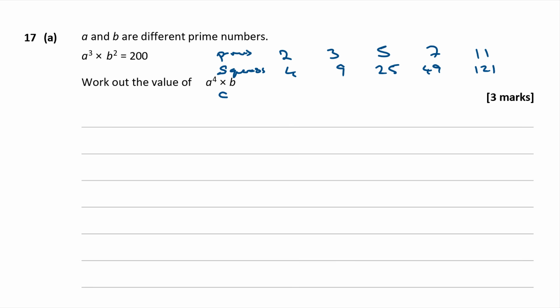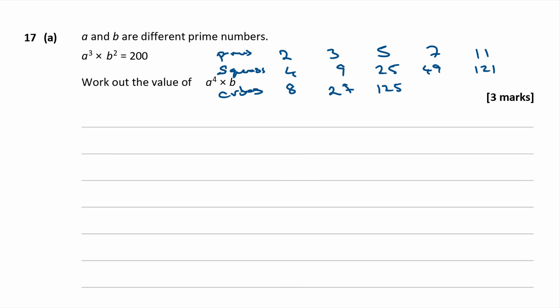And cubes, well, 2 cubed is 8, 3 cubed is 27, 5 cubed is 125. 7 cubed, I think it's going to be too big, isn't it? It's already going to be bigger than 200. I'm not going to bother with the 7s and 11s, actually.